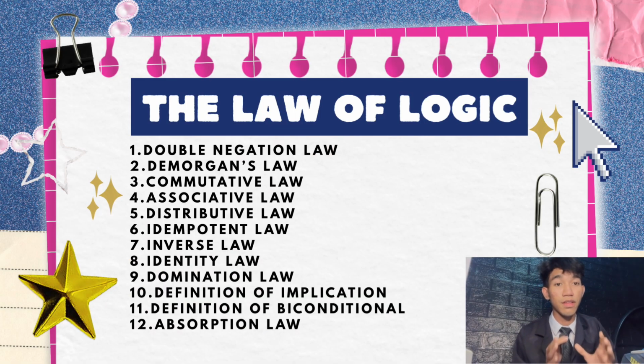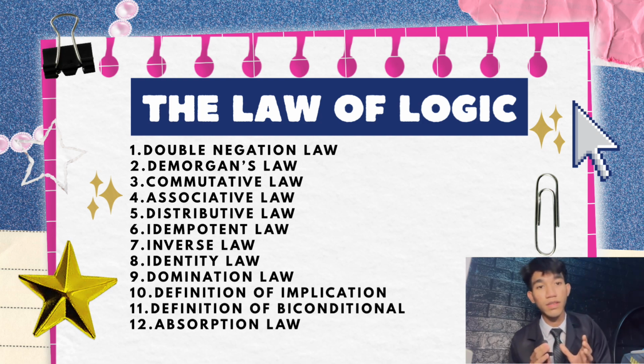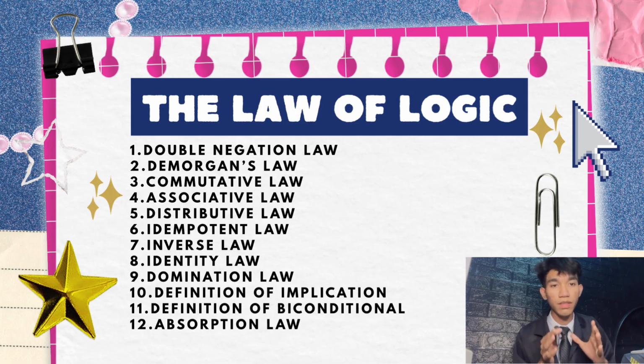So here are the laws of logic that we learned from MAT222. First, double negation law. 2, De Morgan's law. 3, commutative law. 4, associative law. 5, distributive law. 6, idempotent law. 7, inverse law. 8, identity law. 9, combinations law. 10, definitions of implications. 11, definitions of biconditional. And the last one is absorption.